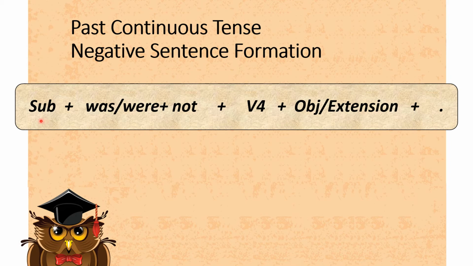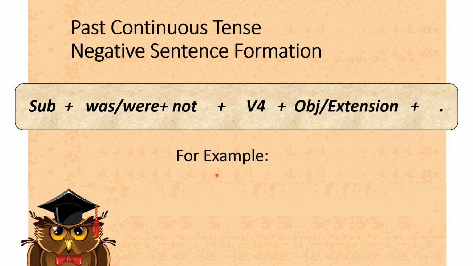First comes the subject, then you add was or were in your sentence, then you add not. Then comes the fourth form of the verb, and at the end you have object or extension along with the full stop. You can notice that not comes in between the auxiliary verb and the form of the verb.